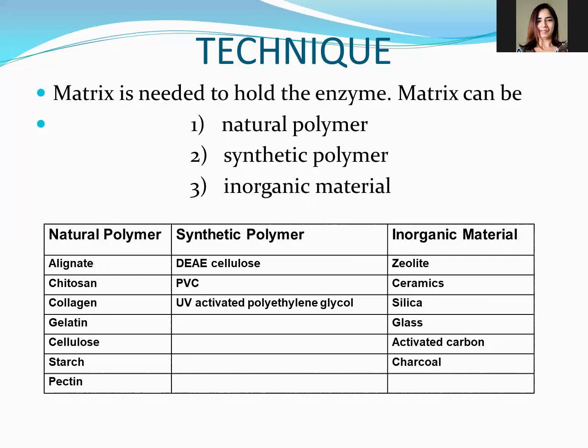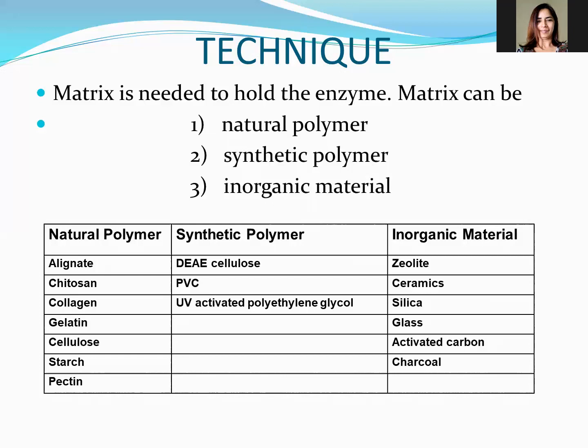On coming to inorganic materials, they serve as a very good support. The surface of most inorganic supports is mainly composed of oxide and hydroxyl groups, such as silanol groups in glass, which provide a mild reactive surface for activation and protein binding. Zeolites are microporous crystalline solids with well-defined structures.